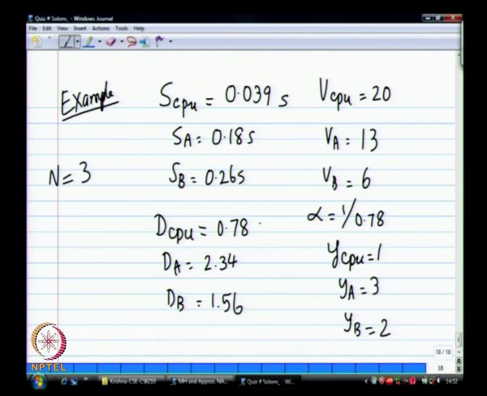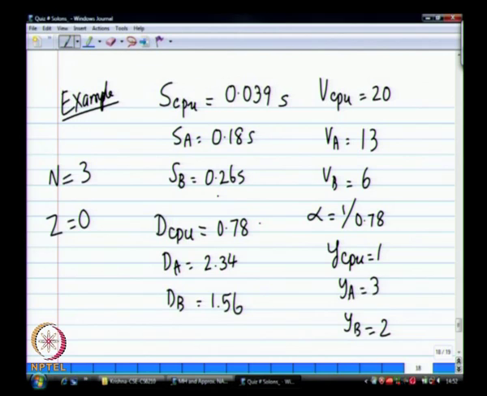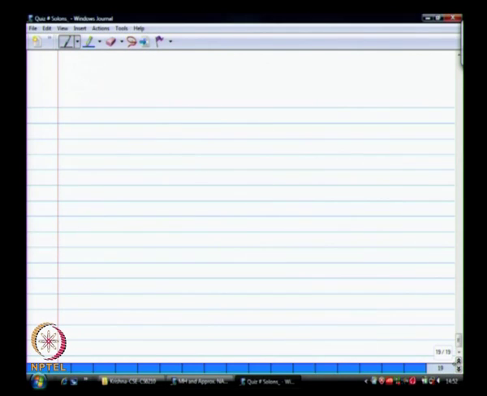In this particular derivation we are not considering delay centers, there is a small extension, that is all. Number of devices is 3, M is 3. There are only 3 queues, CPU, disk A, disk B.